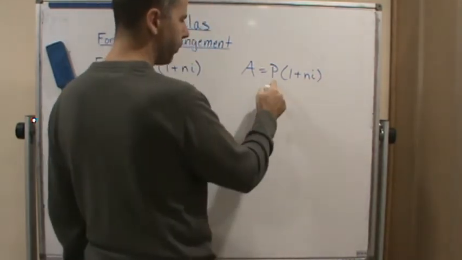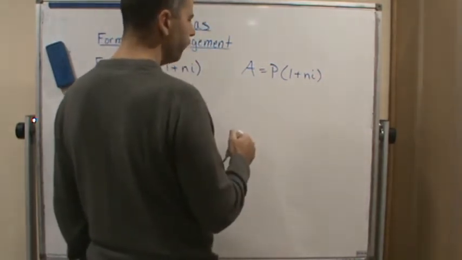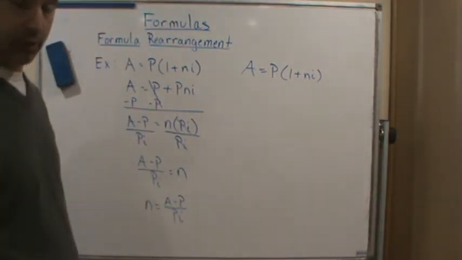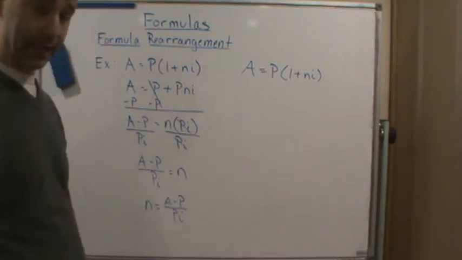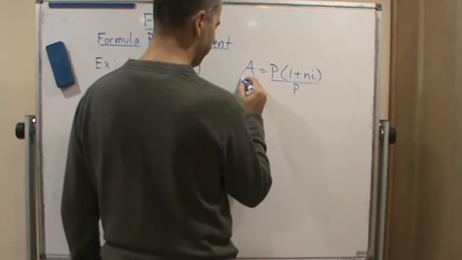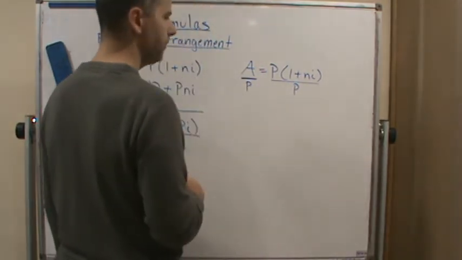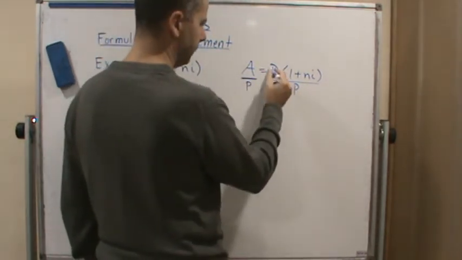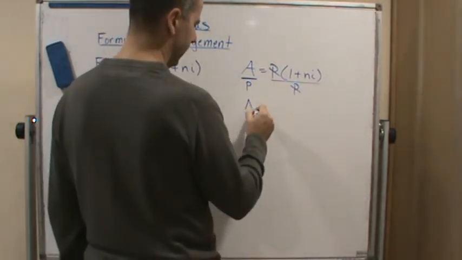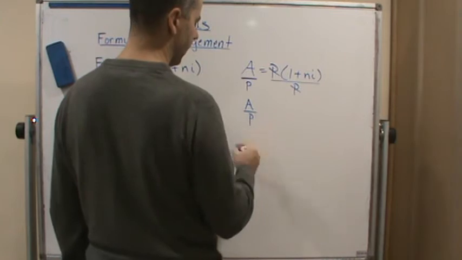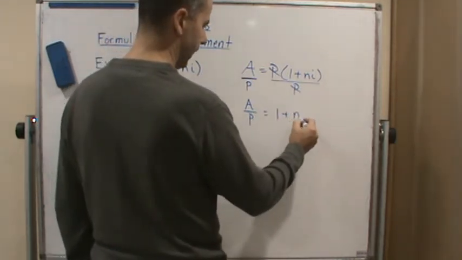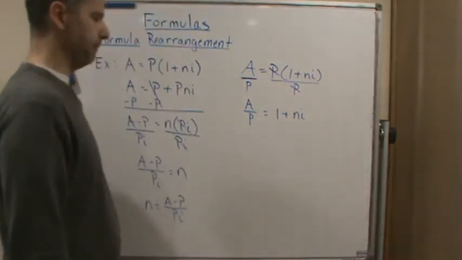Well, I've got a product here. Let's just divide both sides by p. Let's move the p first. There's nothing that says that we can't do that, right? So let's divide both sides by p. So p divided by p is 1. Then I get A divided by p is equal to 1 plus n times I.